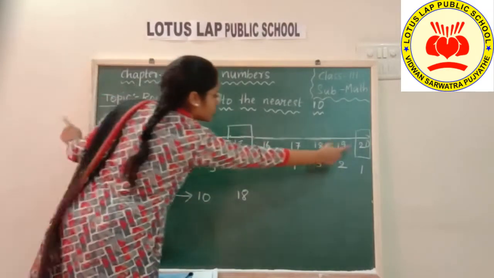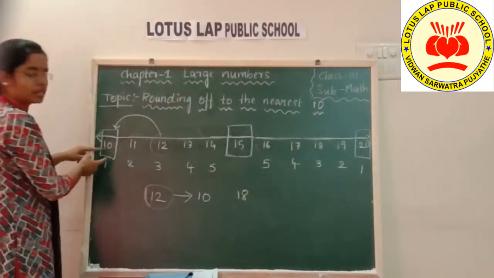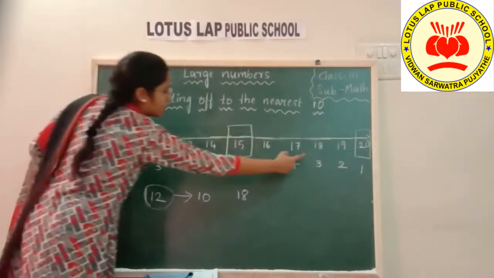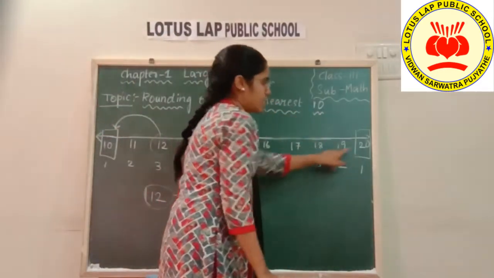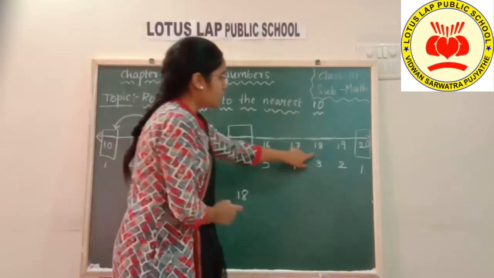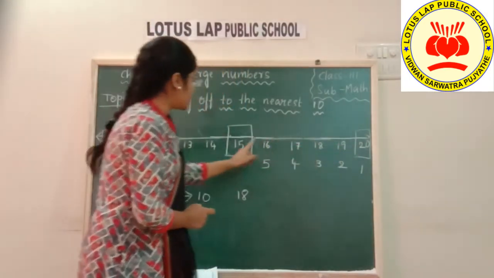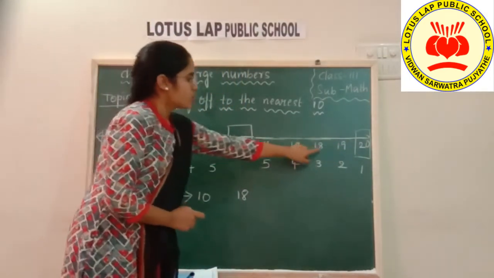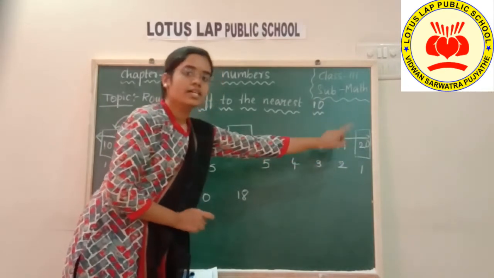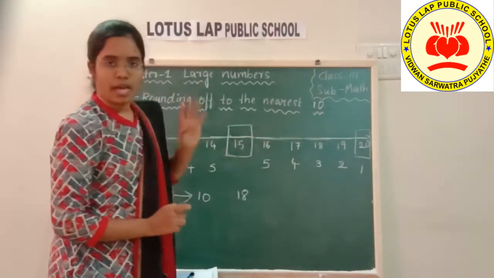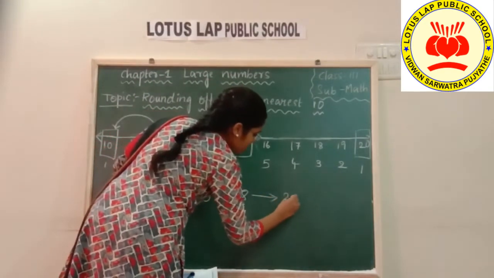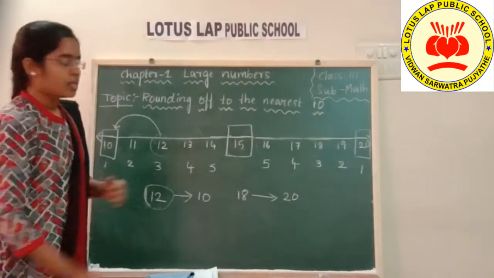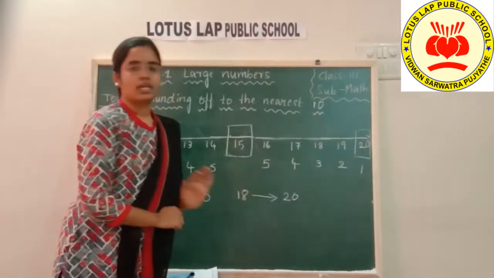Is it near to the next 10 or the before 10? Yes, it is near to the next 10 value, children. So as it is after the reference value, it is to be rounded off to the next nearest tens value. Now 18 is to be rounded off as 20. The rounding off value of 18 is 20.